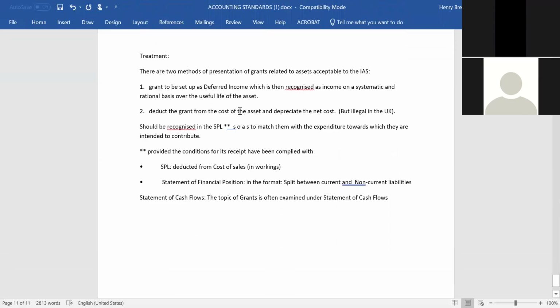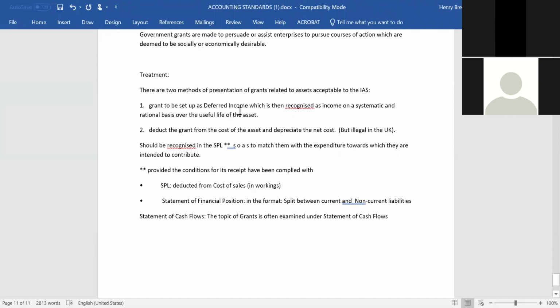Treatment of government grant. There are two methods of presentation of grants related to assets acceptable to IAS. One, grant to be set up as deferred income, which is then recognized as income on a systematic and rational basis over the useful life of the asset.